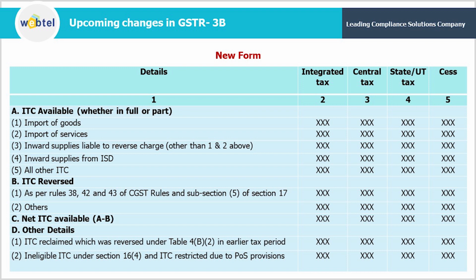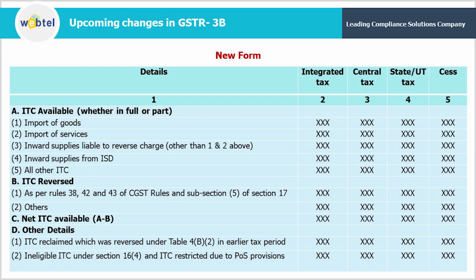Now our second point is that the registered person will report reversal of ITC which is absolute in nature and not reclaimable, such as on account of Rule 38, that is reversal of credit by banking company or financial institution; Rule 42, that is reversal on inputs and input services on account of supply of exempted goods or services; Rule 43, that is reversal on capital goods on account of supply of exempted goods or services of the CGST rules; and for reporting ineligible ITC under section 17(5) of the CGST Act.